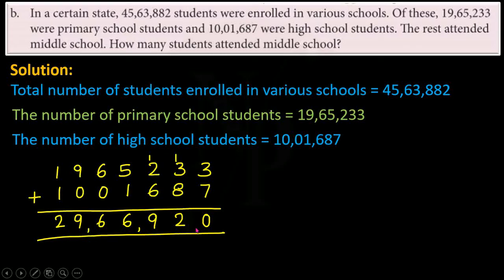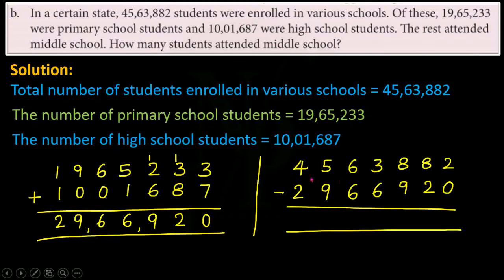So now to find the total number of students attending middle school, we should subtract this sum from the total number of students, that is 45,63,882. Let us write down these numbers and subtract to find the total number of middle school students.